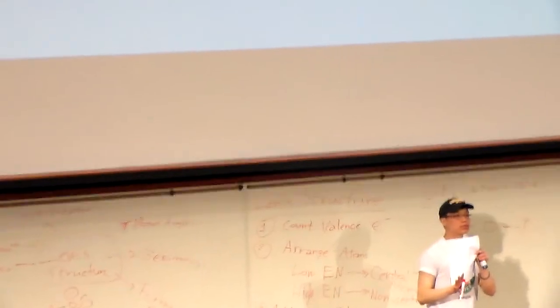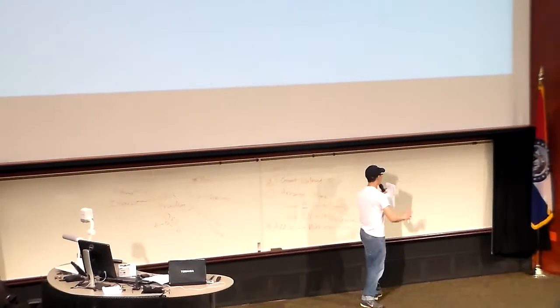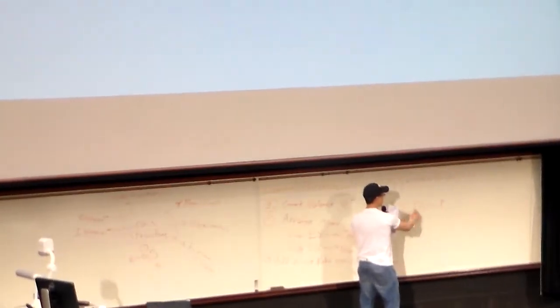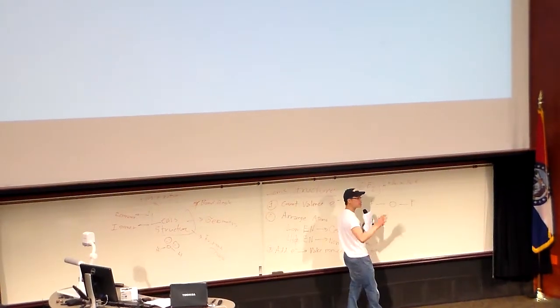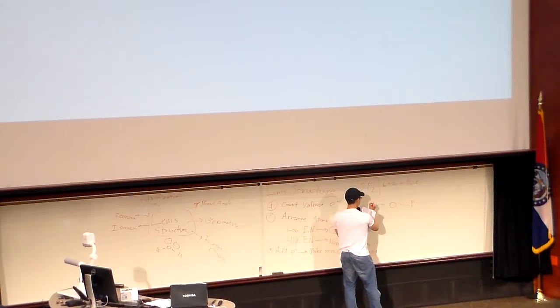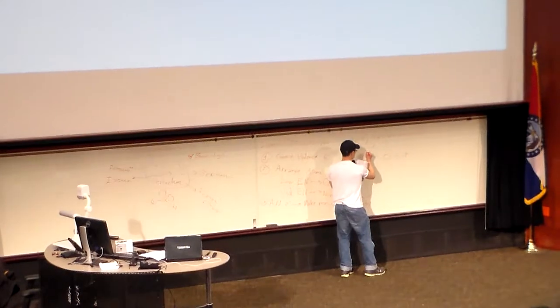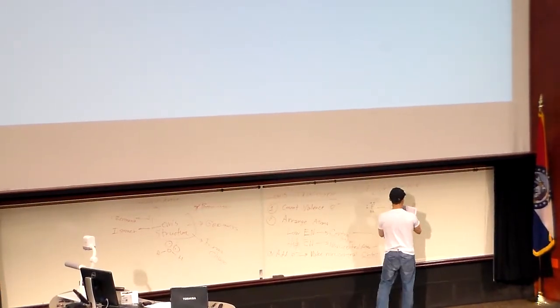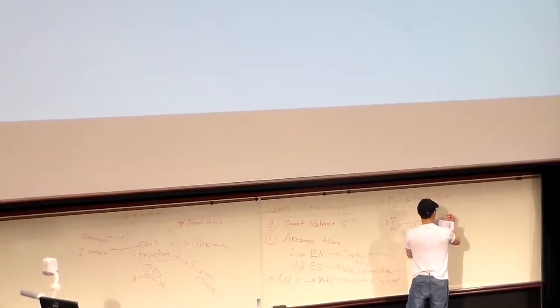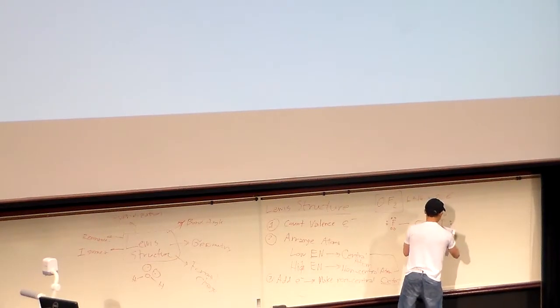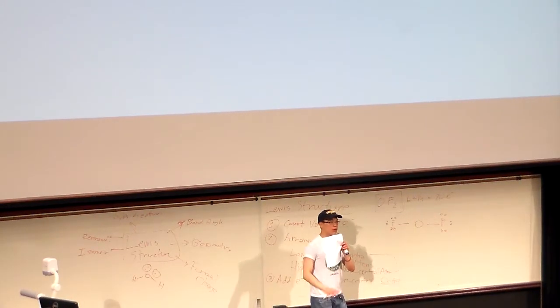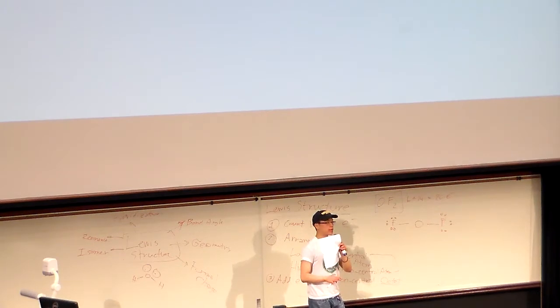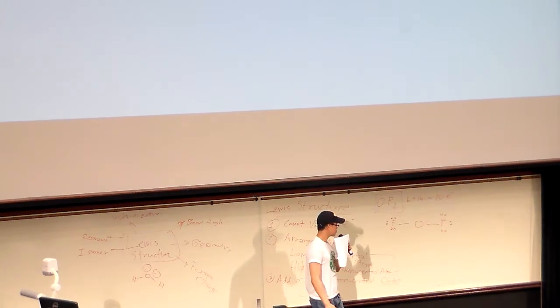Make octet. What does octet mean? 8 electrons, right? Now we have 2 in the bond between fluorine and oxygen, so you add 6 more. 1, 2, 3, 4, 5, 6, 7, 8. Octet. The other fluorine does the same thing: 1, 2 in the bond, 3, 4, 5, 6, 7, 8. Do it step by step. Don't skip it.